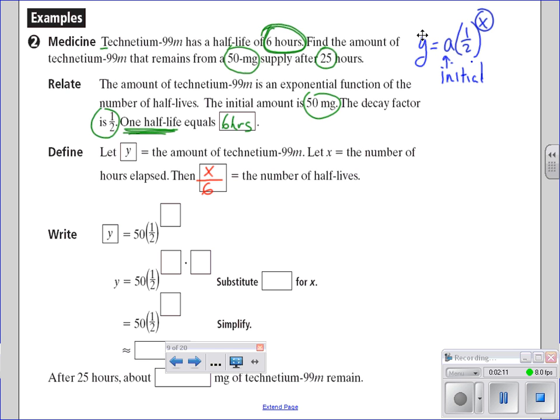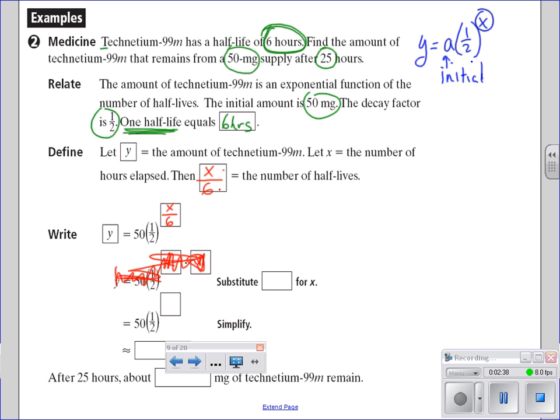The number of hours we watch is on top, and the number of hours for the half-life is on the bottom. So we write that out and plug x over 6 into the exponent, where it represents the number of half-lives. This line right here we're going to eliminate, since we have that already.